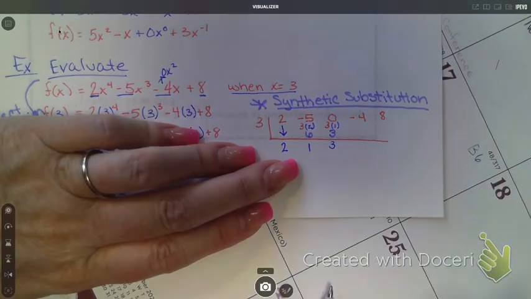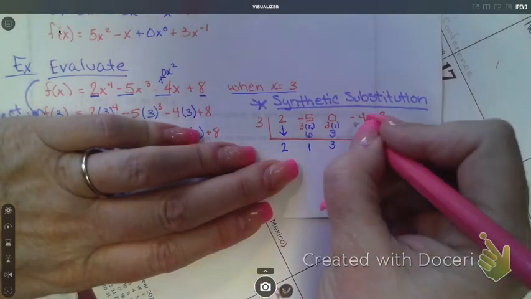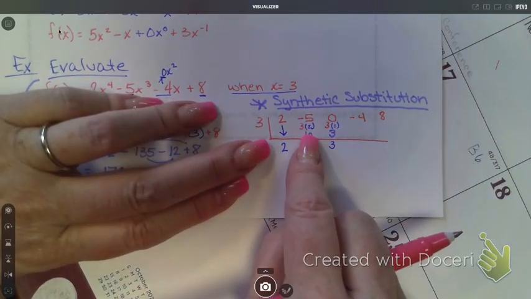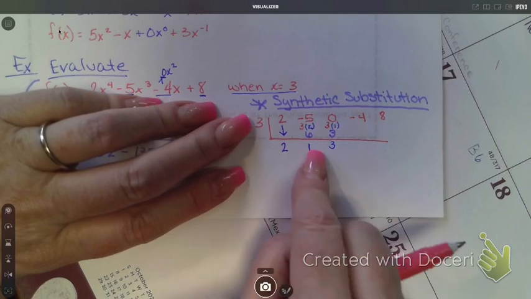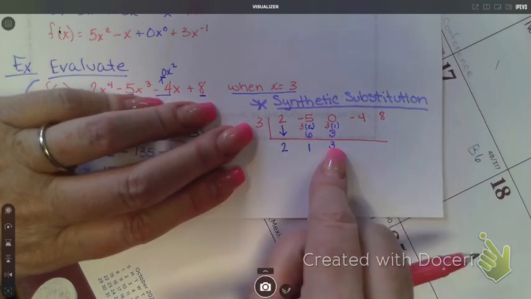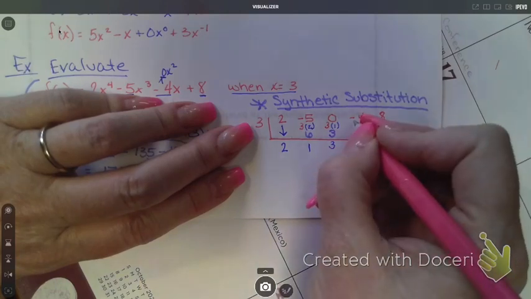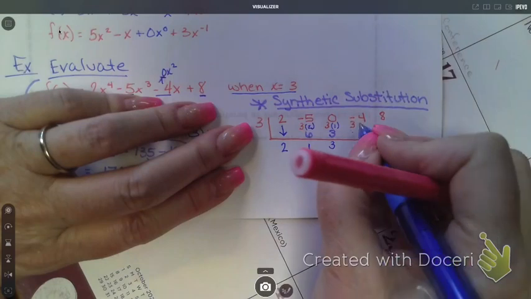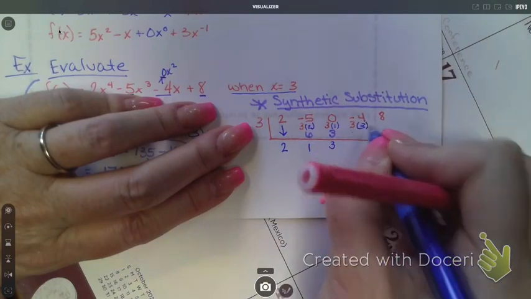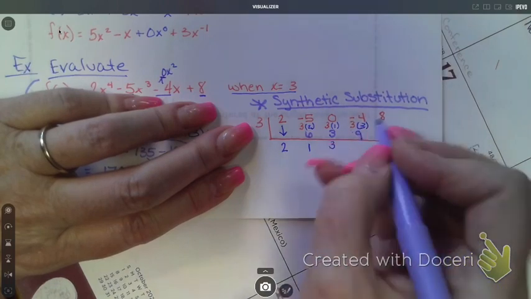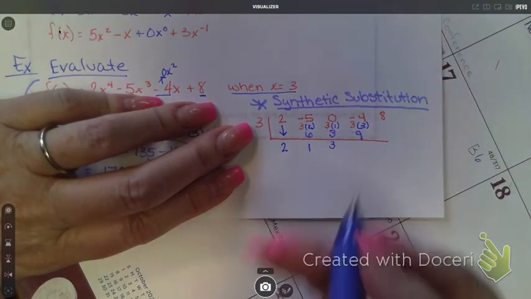And then guess, can anybody do the pattern? What have we done? 3 times 2, 6, add. 3 times 1, 3, add. 3 times what now? 3. So it's 3 times 3, which is 9. So -4 and 9 is 5.